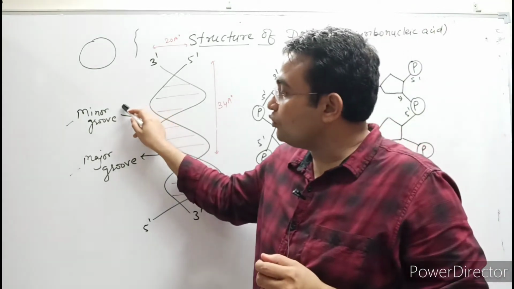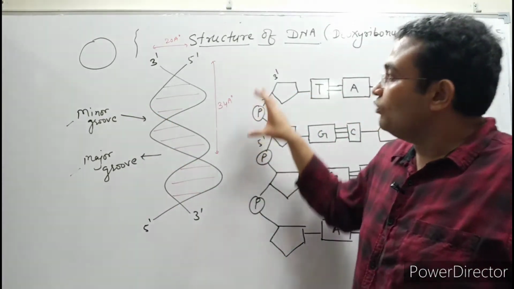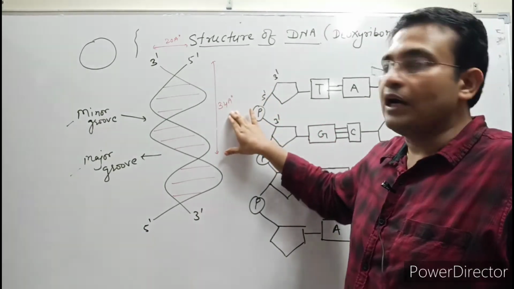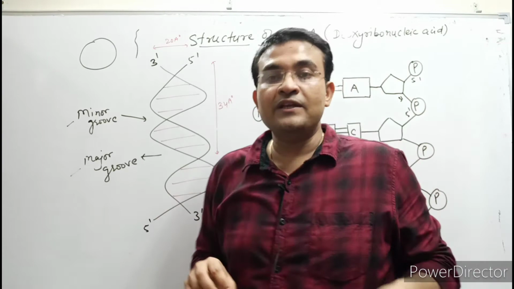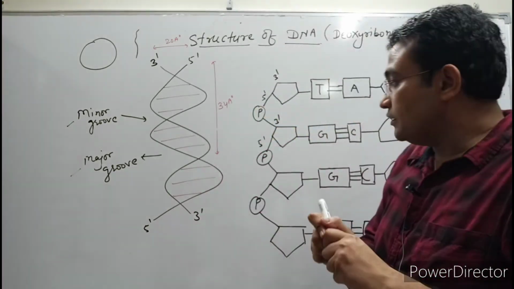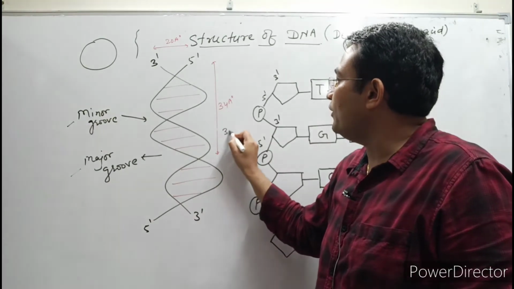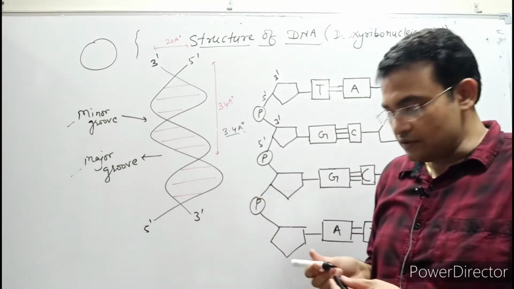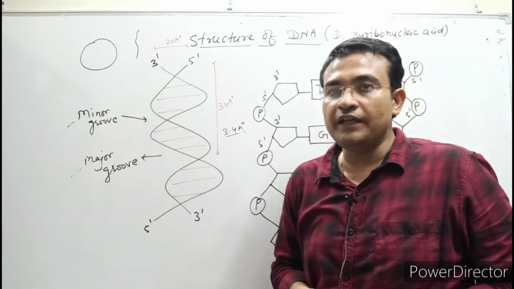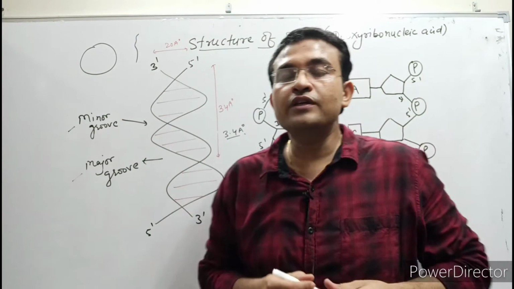One is minor groove and other is major groove. And the length of one turn of DNA is 34 Angstrom. And in one turn of DNA there are 10 base pairs. It means the distance between two adjacent base pair is 3.4 Angstrom. Okay, so this is the length of one turn of DNA, and the diameter of this DNA molecule is 20 Angstrom.